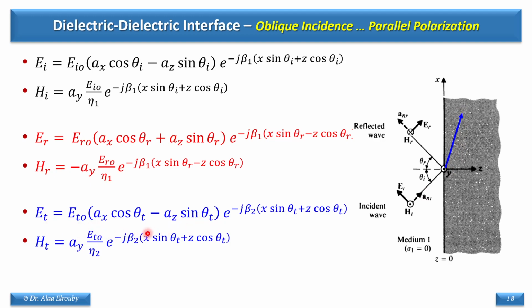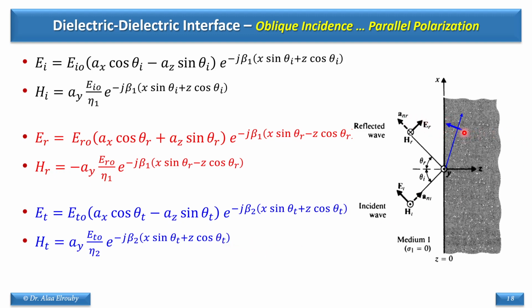The E transmitted has a component in negative Z, similar to this one but with a different angle, and positive X. This is the direction of the electric field.